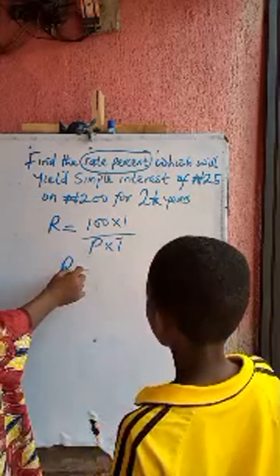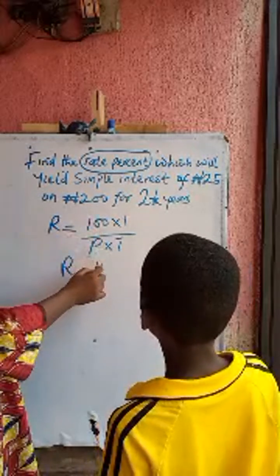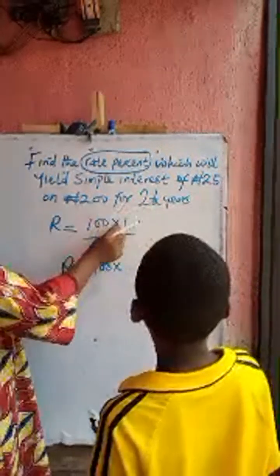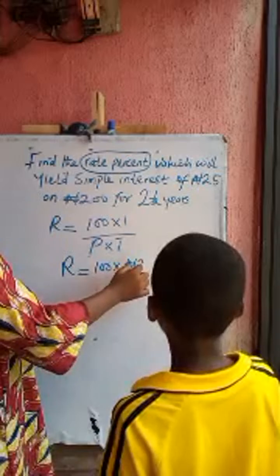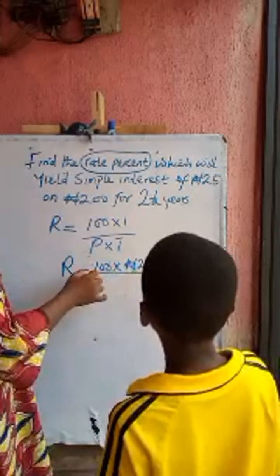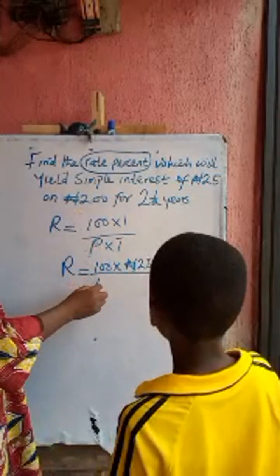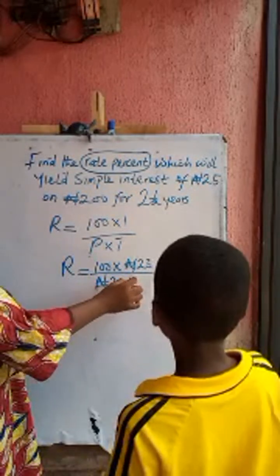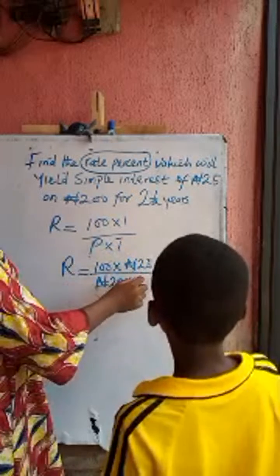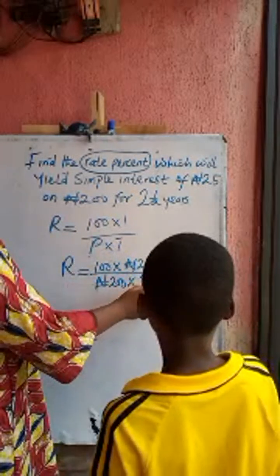So we say R equals 100 times the interest, 25 naira, all over the principal, 200, times the time, 2.5 years.